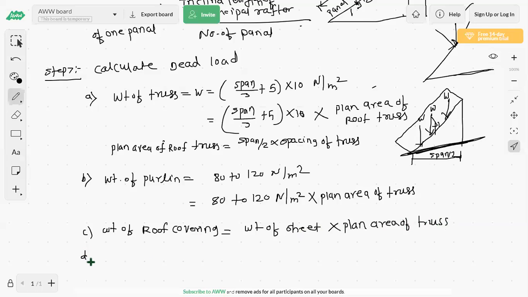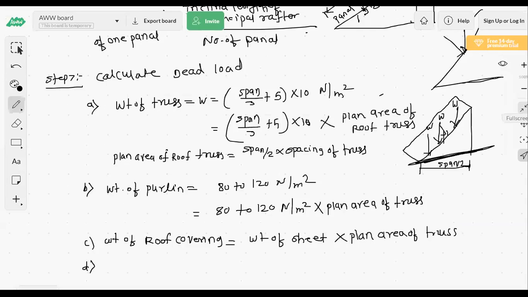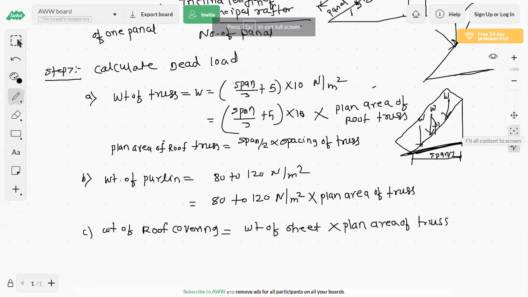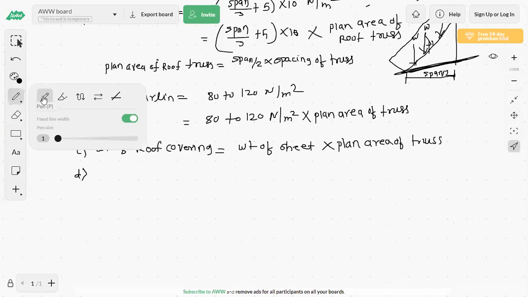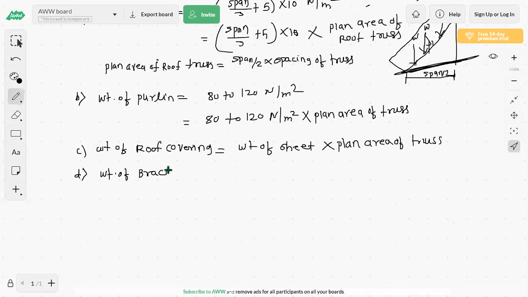And small d, the fourth type: weight of bracing. Weight of bracing is equal to, here again the weight of bracing. We have to assume how much to take.